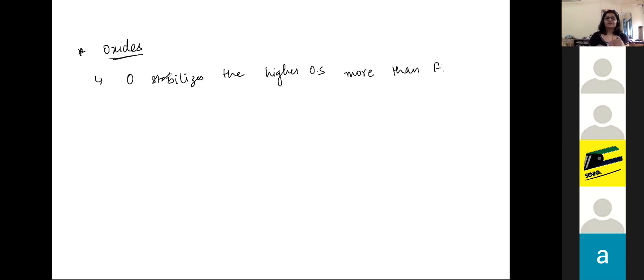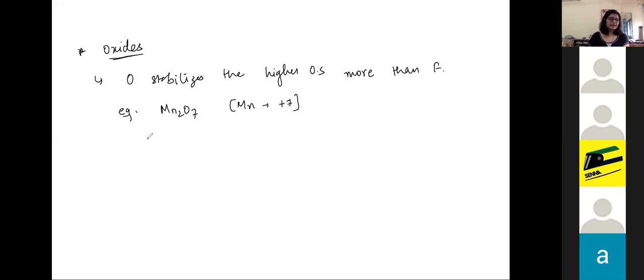That is why the maximum oxidation state that fluorine can reach is +6 in chromium, but with oxygen, even Mn2O7 can exist, where Mn is showing an oxidation state of +7.